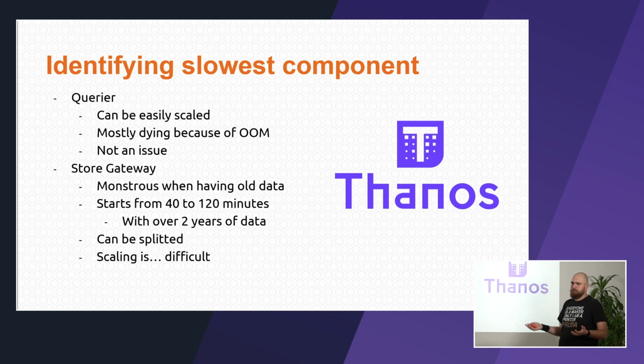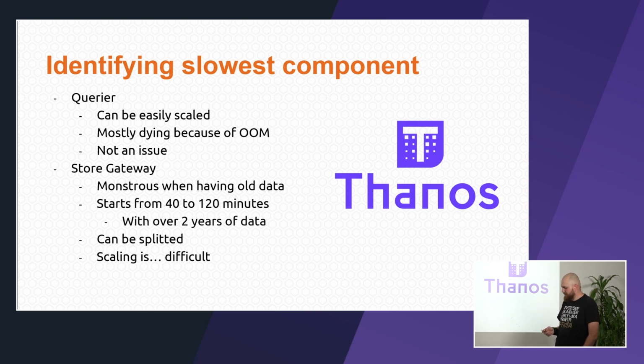Store Gateway, on the other hand, is not that easy. It can be monstrous when it holds all the data, and for us one pod started for over 2 hours, and we have 2 replicas of the Store Gateway, so it was like 240 minutes.